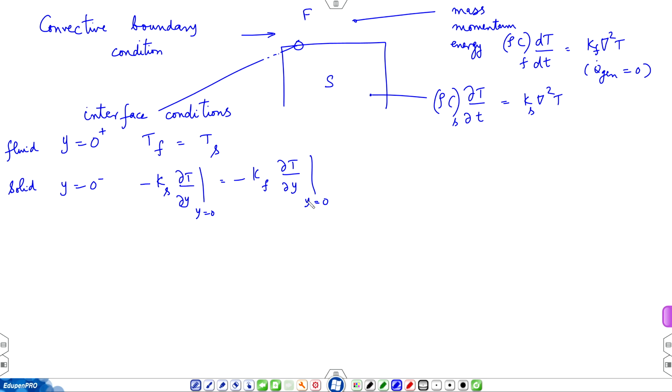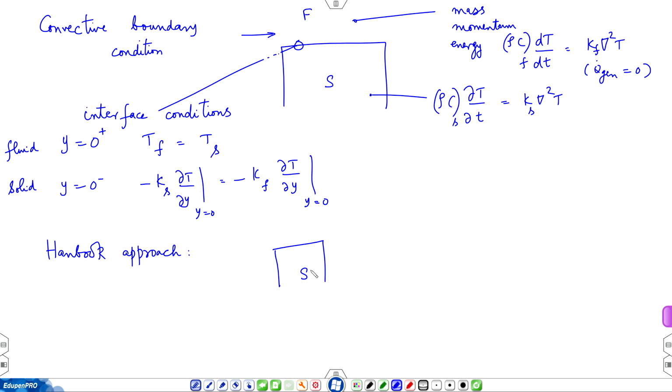So, one such handbook approach, particularly when you are solving for the solid phase.